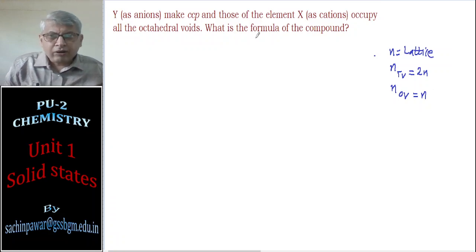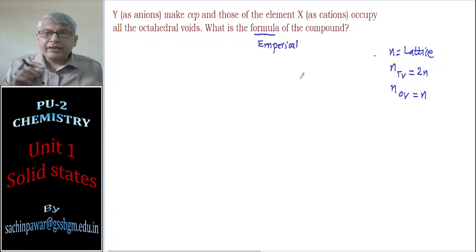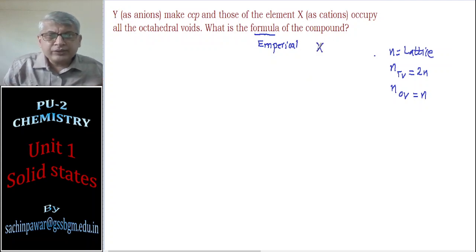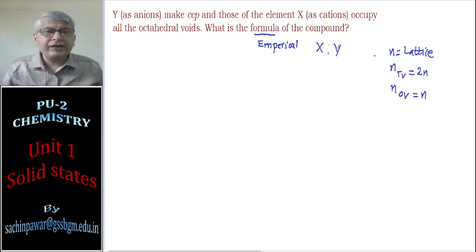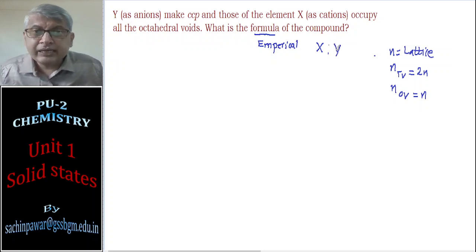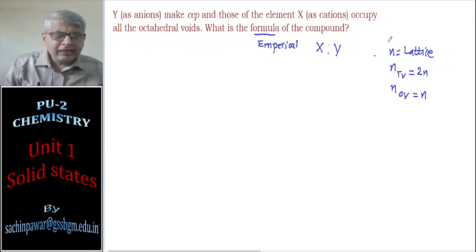And when I say formula of the compound, we are actually interested in finding the empirical formula of the compound. Empirical formula means we simply want to know the ratio of the elements. For example, here x and y elements are there, so the ratio is x and y. If you find the ratio of the elements, then we can easily find the empirical formula of the compound. And for that you need to use this concept.